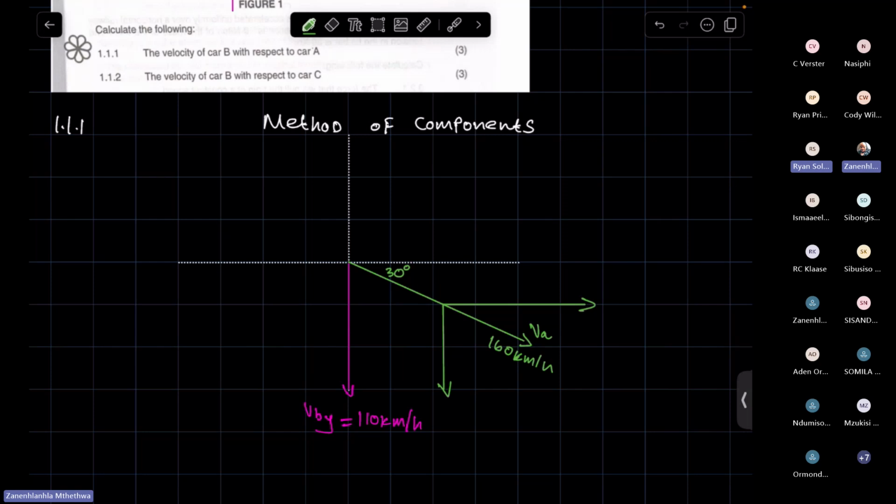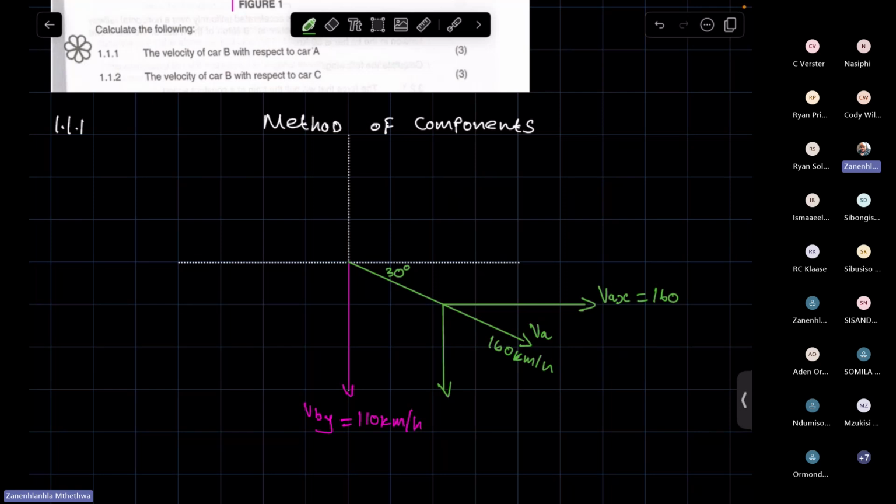Yes, sir. Right? And then here we have VAX. We call this one VAX because this component is parallel to the x-axis. So we have VAX is equal to, right? The hypotenuse here is VA. VA is 160, right?